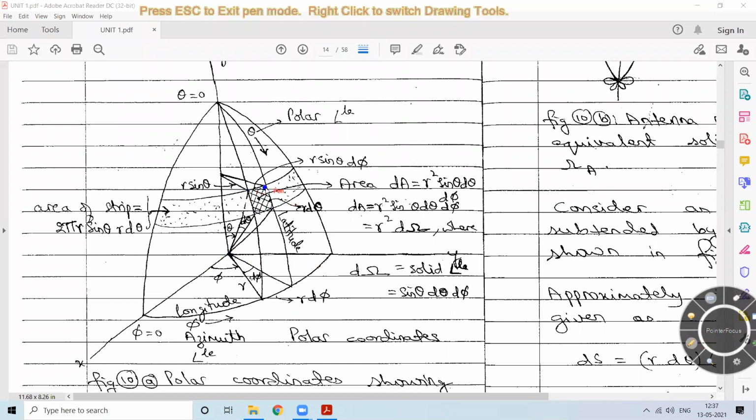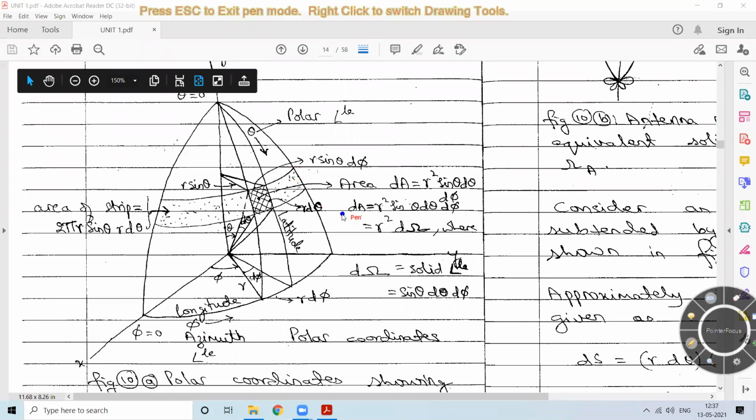So here, in order to measure a small elemental surface area on the sphere, we know that this area is at a distance of r. Because we are considering the radius of the sphere to be equal to r, that is the distance at which we are measuring the power, all the points on the sphere will be at a distance r.